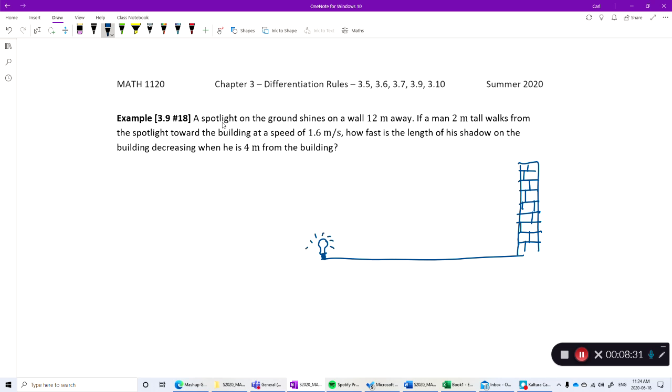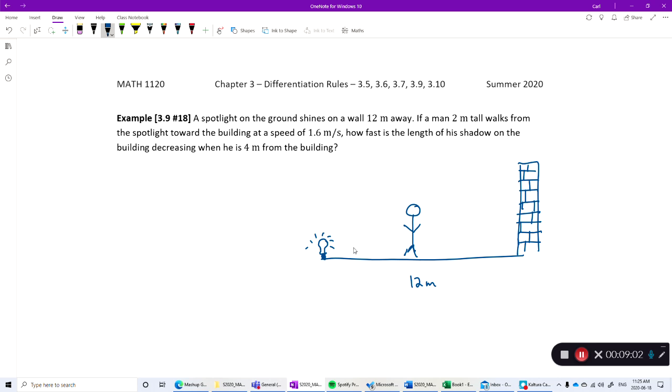It's on the ground. A spotlight on the ground shines on a wall 12 meters away. So maybe let's call this distance x. Well, that doesn't change, so let's just call that 12. If a man 2 meters tall walks from the spotlight toward the building, okay, so here he is. I don't know why it's a man, it could be a woman too, right? He's walking towards the building at a speed of 1.6 centimeters per second.